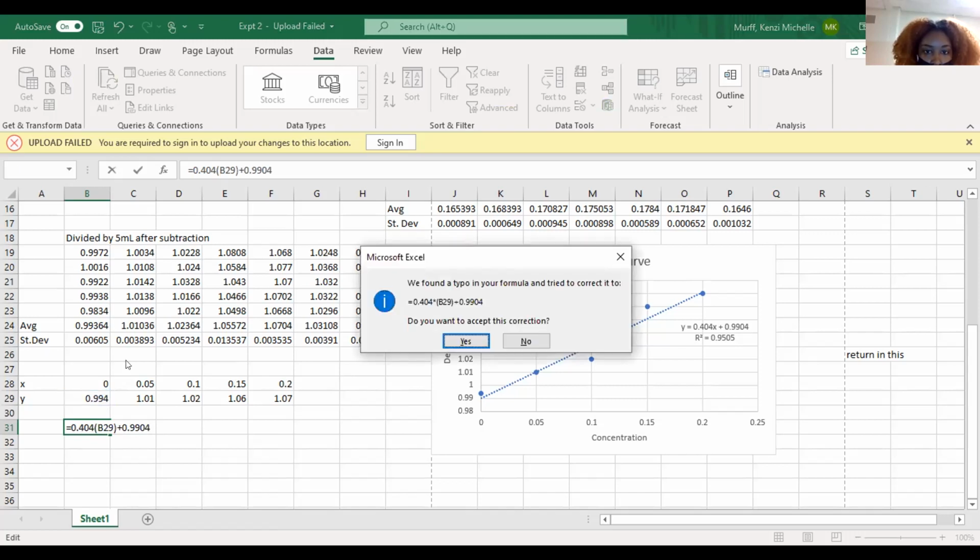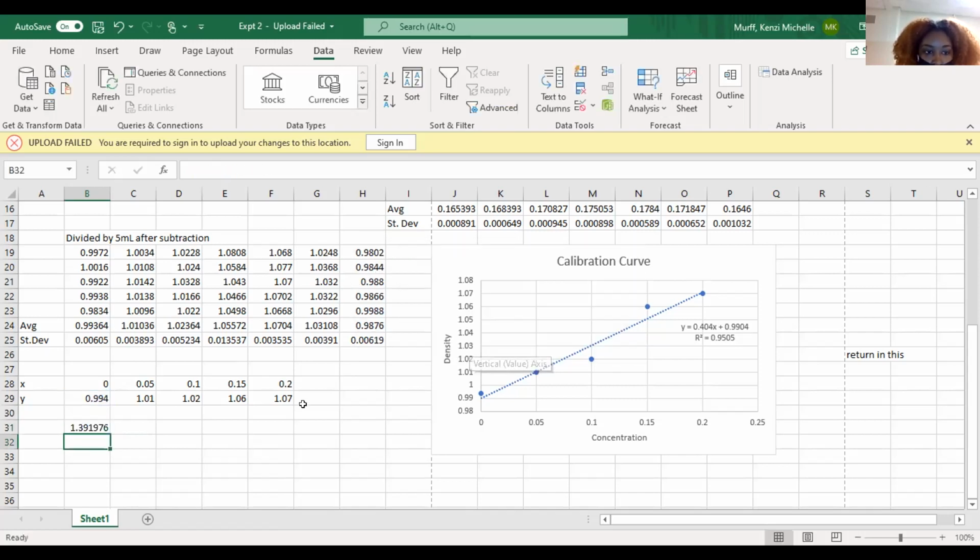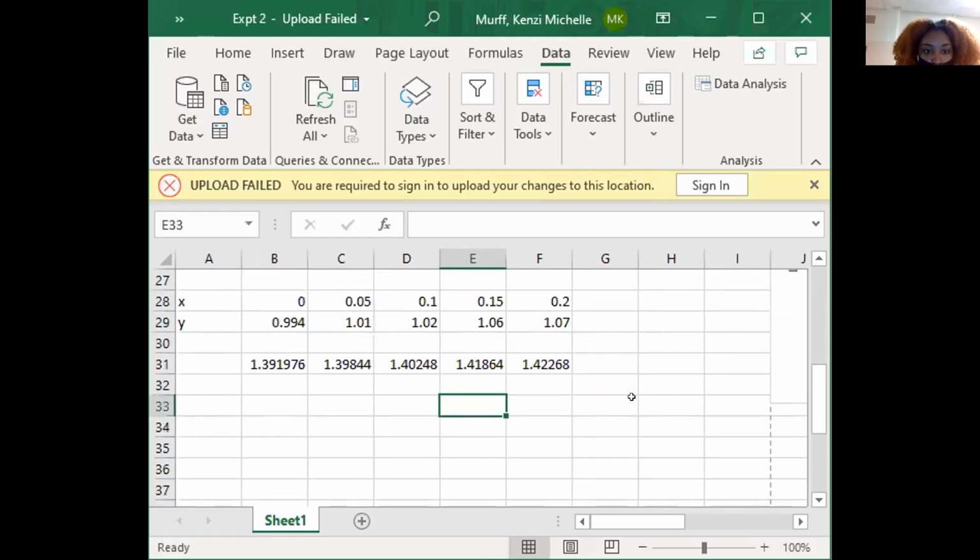Okay, then click back on it, just drag it out to the right. And then compare it to the one that's in LabFlow. This is for the expected, right?